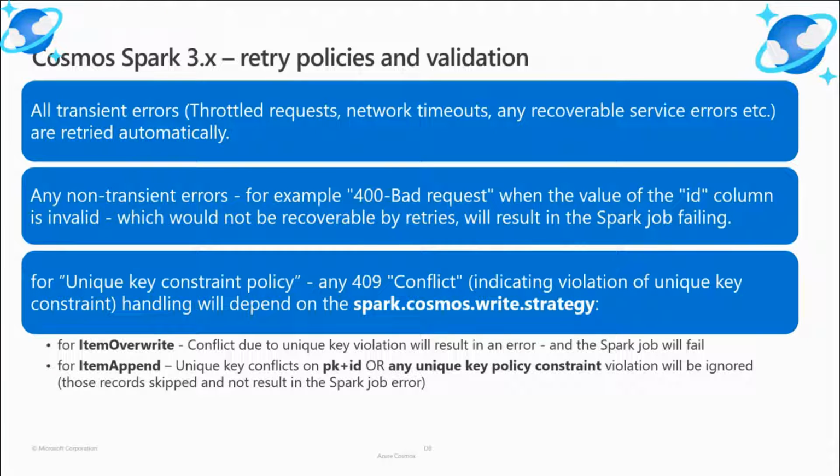For ItemAppend, unique key conflicts on partition key and ID, or any unique key policy constraint violation, will be ignored, and those records will be skipped and not result in a Spark job error. This is done to give flexibility if you have an append-only type workload, and duplicate data arrives, I'm going to simply ignore it, because I do not want to fail my job, and I want to ingest everything else. This gives you a little more flexibility in conflict resolution based on the unique constraints.